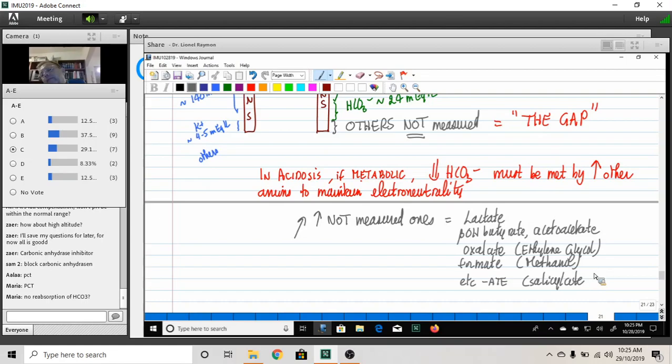And if that's the case, this would cause an increased serum anion gap.